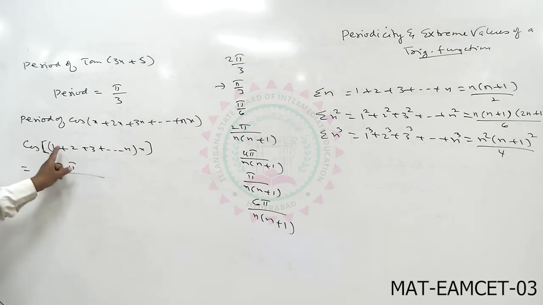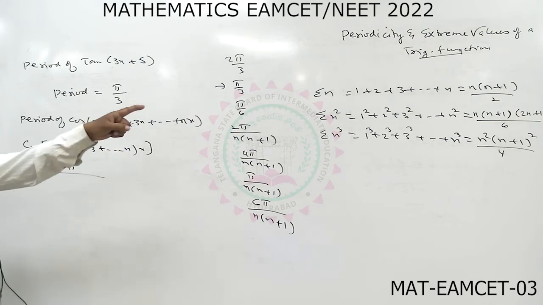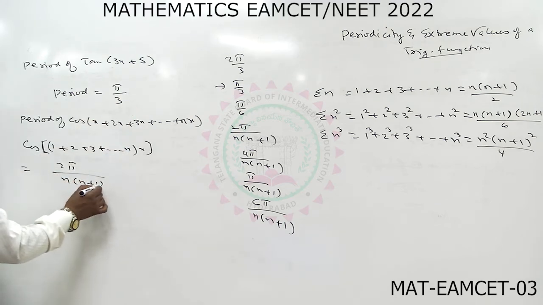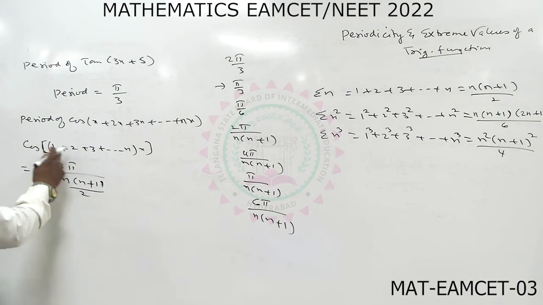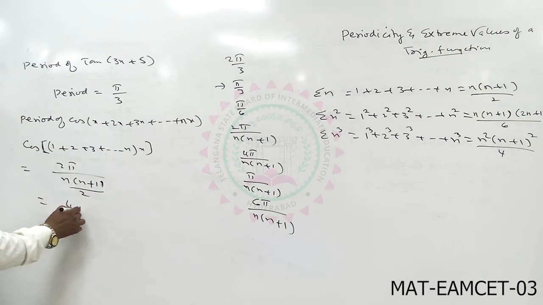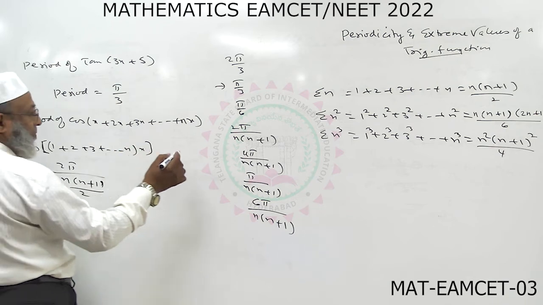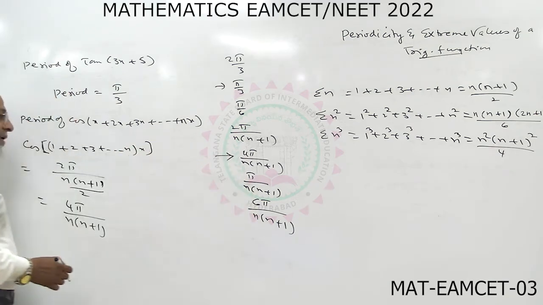What is the value of the coefficient? It is nothing but n into n plus 1 by 2. So this will go to the numerator and it becomes 4 pi by n into n plus 1. So the second option is my correct answer.